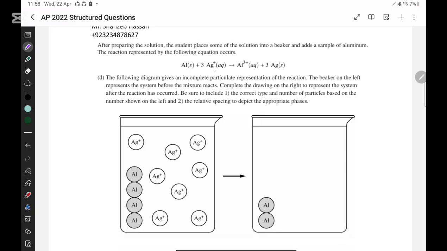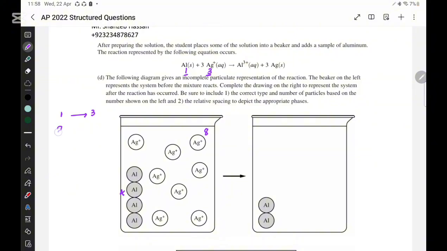You can see aluminium solid and silver ions have a 1:3 ratio. Here we have 4 aluminium and how many silver ions? 8. But according to the equation, 1 mole of aluminium solid reacts with 3 moles of silver ions. So if you have 1 aluminium, it reacts with 3 silver ions.